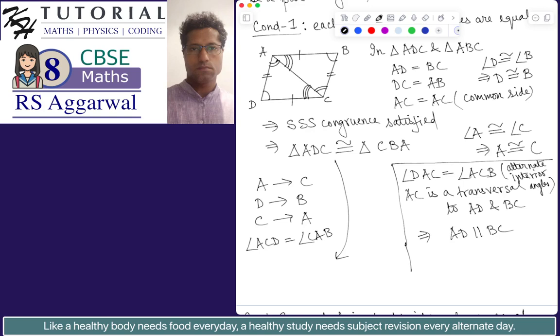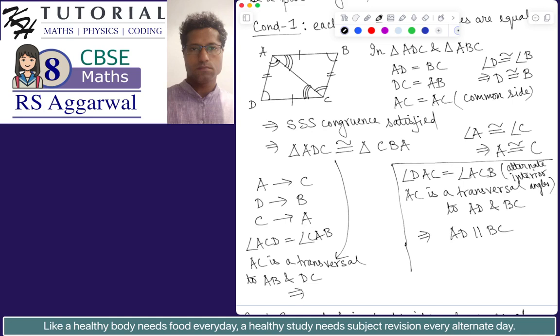Also, AC is clearly a transversal to AB and DC, and we have angle ACD equal to angle CAB, which are alternate interior angles.